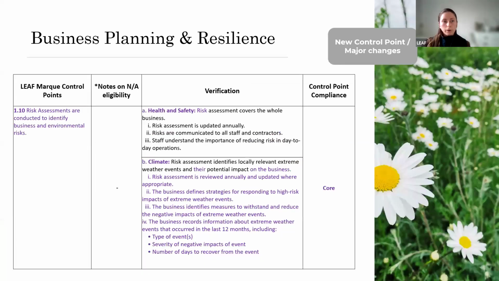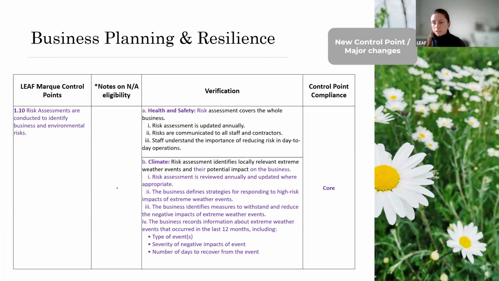The next control point we'll have a look at is 1.10. This control point is unique in that it is covering and inclusive of all risk assessments required within the LEAF Marque standard.